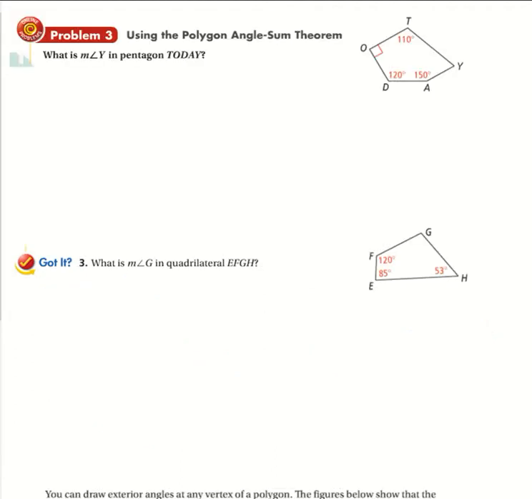Alright, so here I have a polygon. It's polygon TODAY. And I need to find the angle measure of angle Y. So we know a few things. First off, we know all the other angle measures. And if you count the sides of this, it's a 1, 2, 3, 4, 5-sided figure.